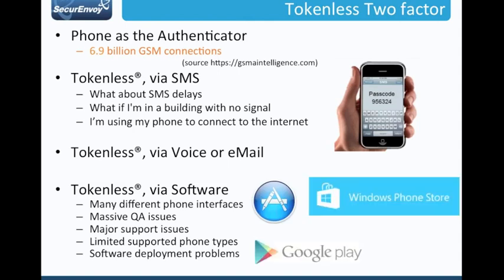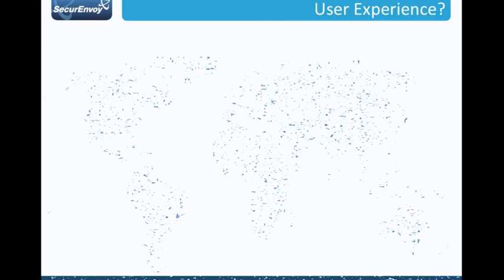We can now leverage this with the App Store, Windows devices, Google for all the Android devices, and also BlackBerry. Again, by having a seamless installation and a common look and feel across all phone operating systems makes the end user experience very simple. So you can see here how we can bring a two-factor experience with little overhead to the end user by just leveraging the device they already have.